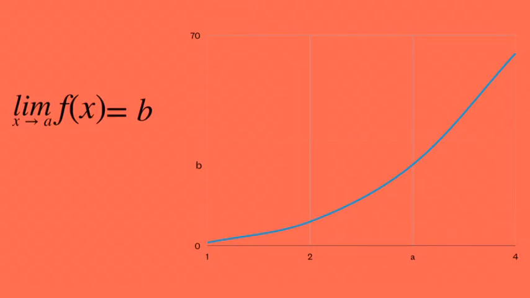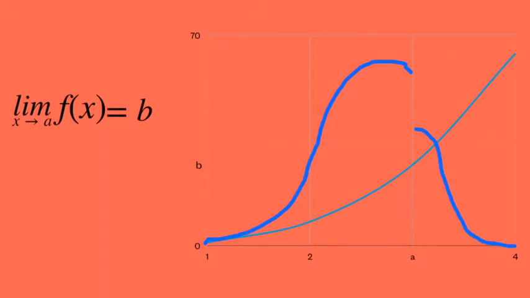So let's say you have a function like this. Just a little space from a. So from here, let's approach a from both sides.